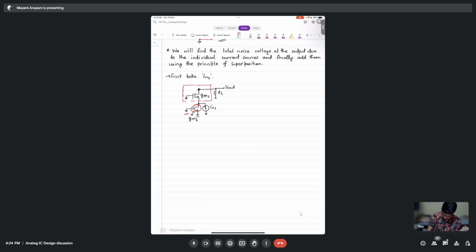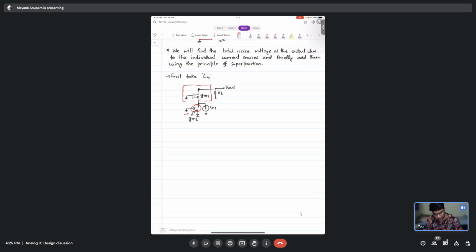First case is valid, VGS greater than VTN, and VDS less than VGS minus VTN, then it will be in the linear region, right? Yes. Okay. Cool.